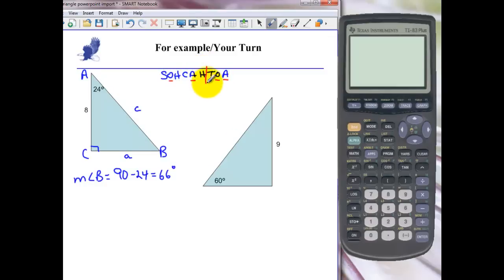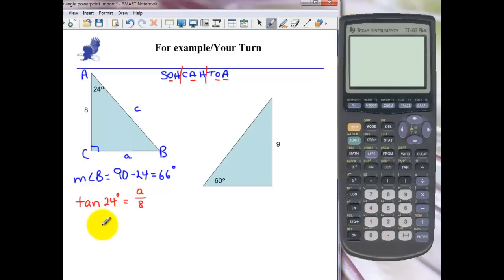These break up into triples, and when you solve an equation with three unknowns, we need to know two of them. So the only one that we have enough information to solve is this one. So we can set up the equation tangent of 24 degrees equals A, which is the opposite side, over 8.